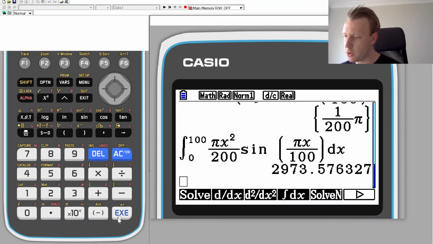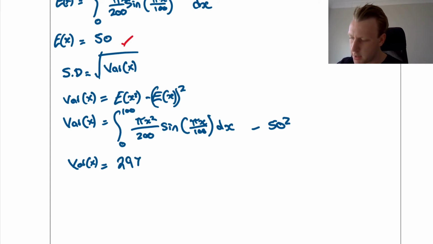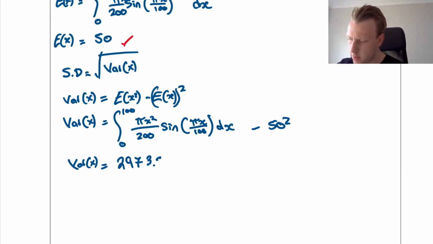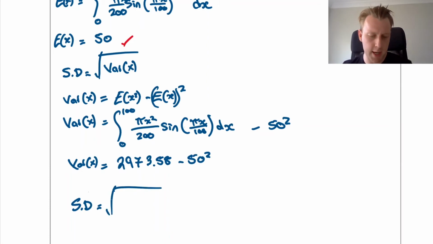So 2973.58. Subtract 50 squared. That's going to give me my variance. And my standard deviation is going to be the square root of whatever that is there.